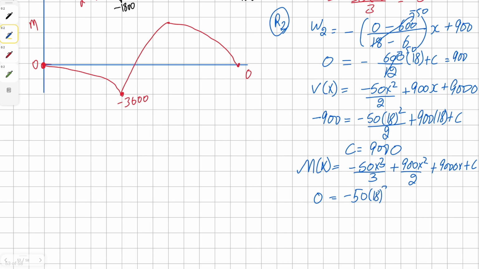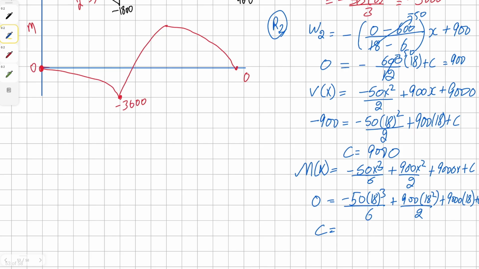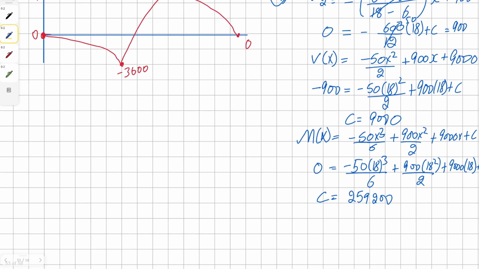So we can have 18 cubed divided by 3 plus 900 times 18 squared divided by 2 plus 9000 times 18 plus the constant. Solving for c, our constant, we get a solution as 259,200. Alright, rewriting the moment equation.